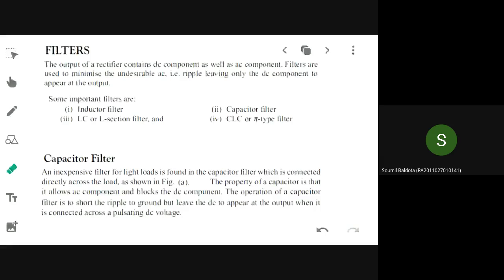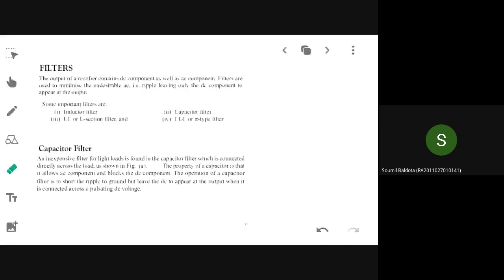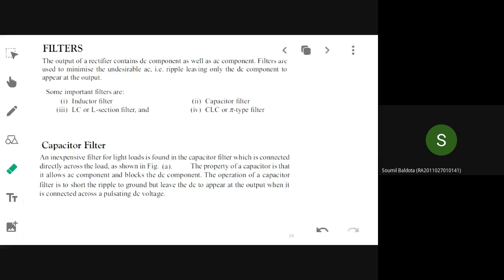Now, if you are going for a capacitor filter, you know it is a capacitance. So what is the special property of a capacitance? When it comes to AC and DC, what component will it allow? There is a special feature of a capacitor, isn't it?